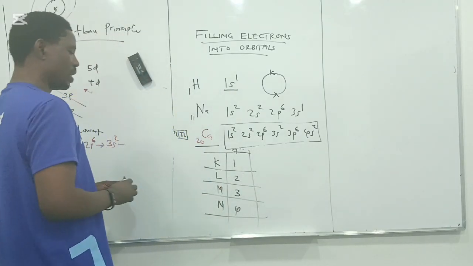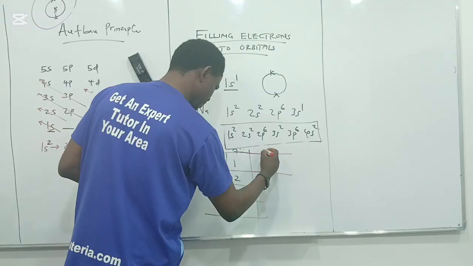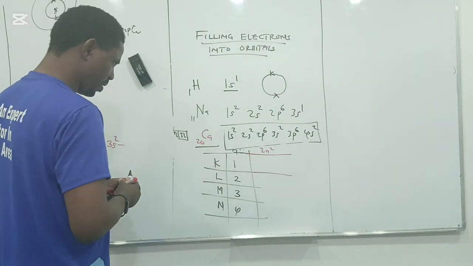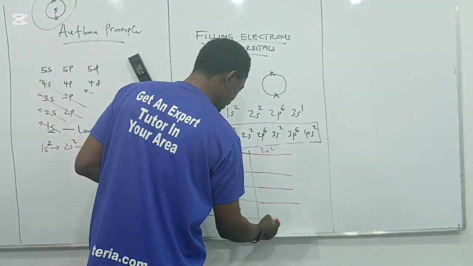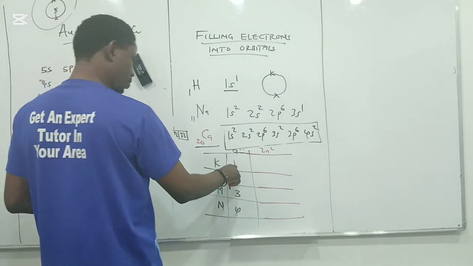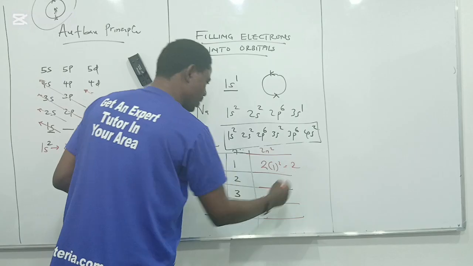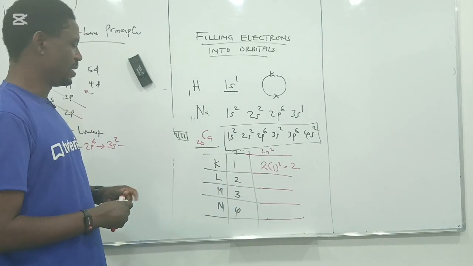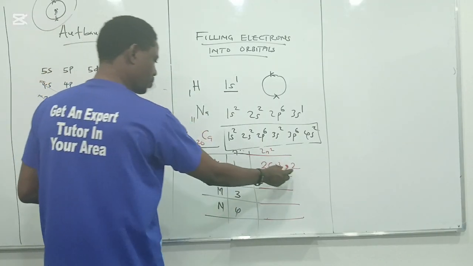Now, what is the maximum number of electrons that can occupy the K shell? We use the formula 2n squared. For the K shell, the first shell, that is 2 times 1 squared, which is 2. That shows that the maximum number of electrons that can occupy the first shell of an element is 2.